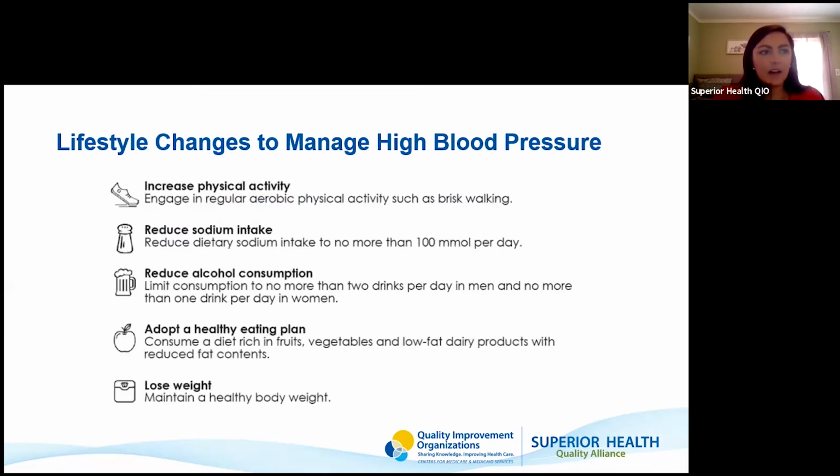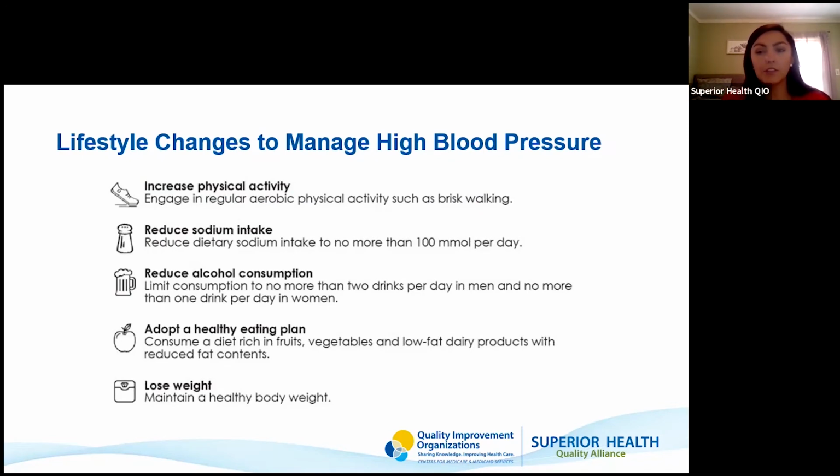And then lastly, in terms of specific resources, lifestyle changes to manage high blood pressure. These are just some things that you can easily explain to patients about ways that they can change their lifestyle to help manage their high blood pressure. One that you do want to highlight, because it might not be as obvious, is reduced alcohol consumption.